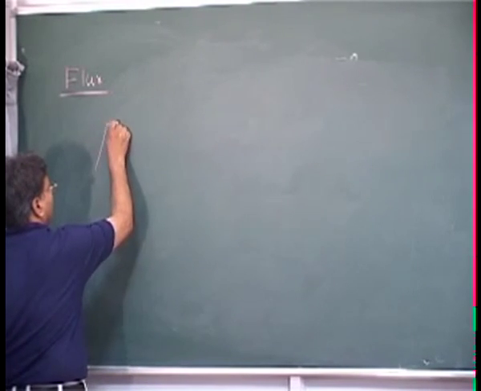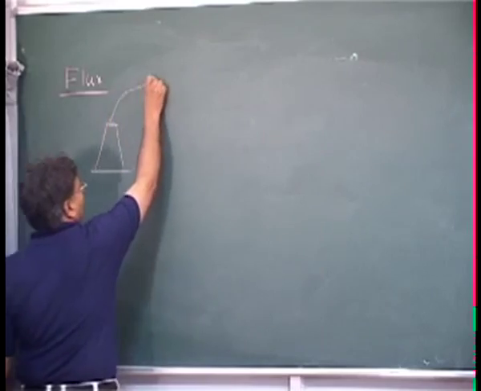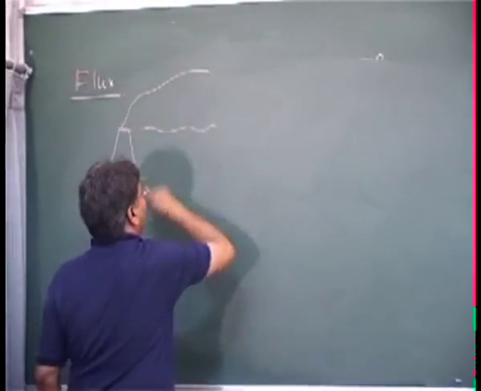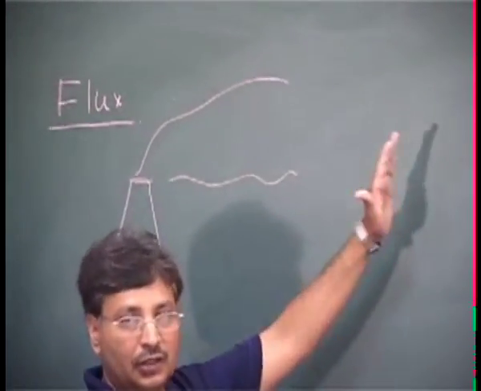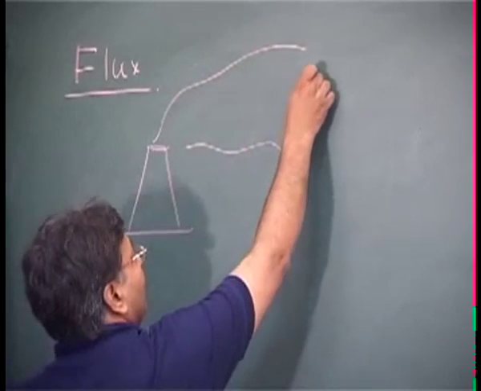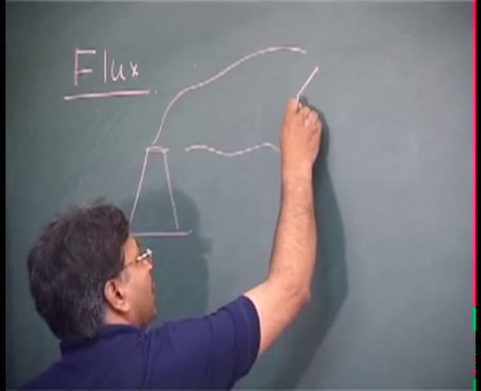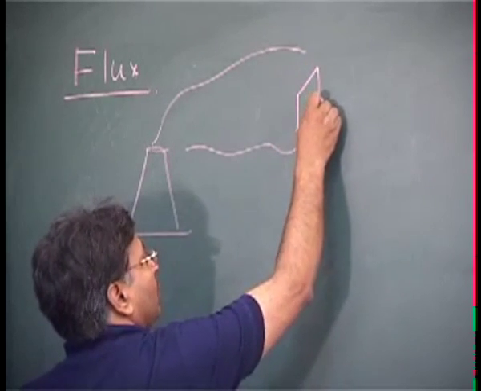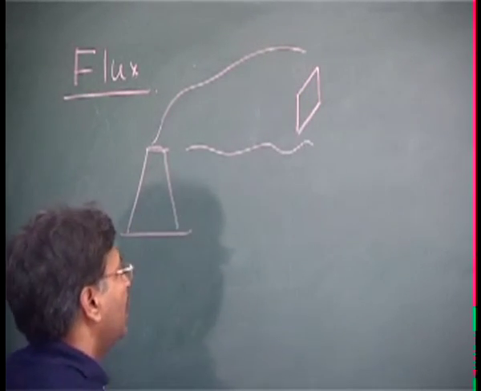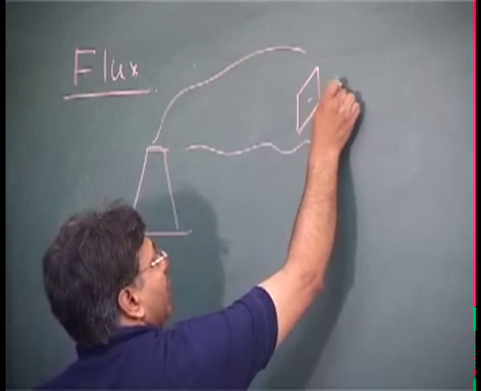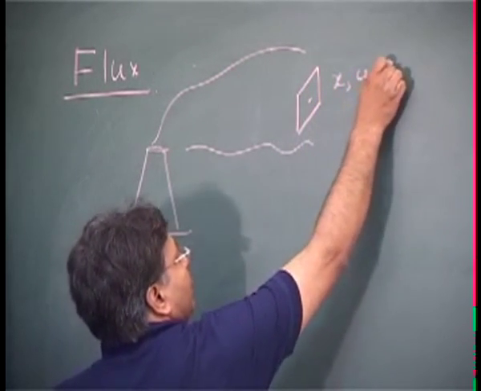Suppose there is a chimney, I am just giving an example, and the pollutants are traveling. Let us say I have a strip, and the point here is, let us say, x, y and z.